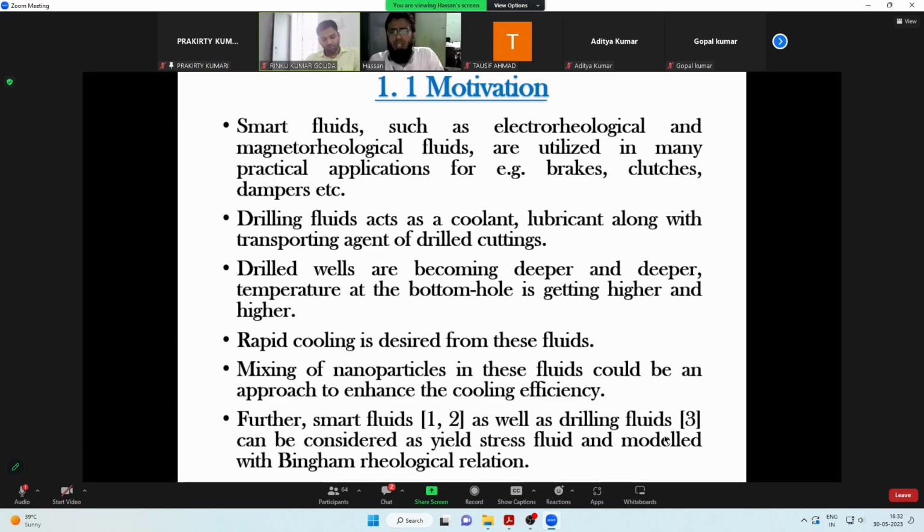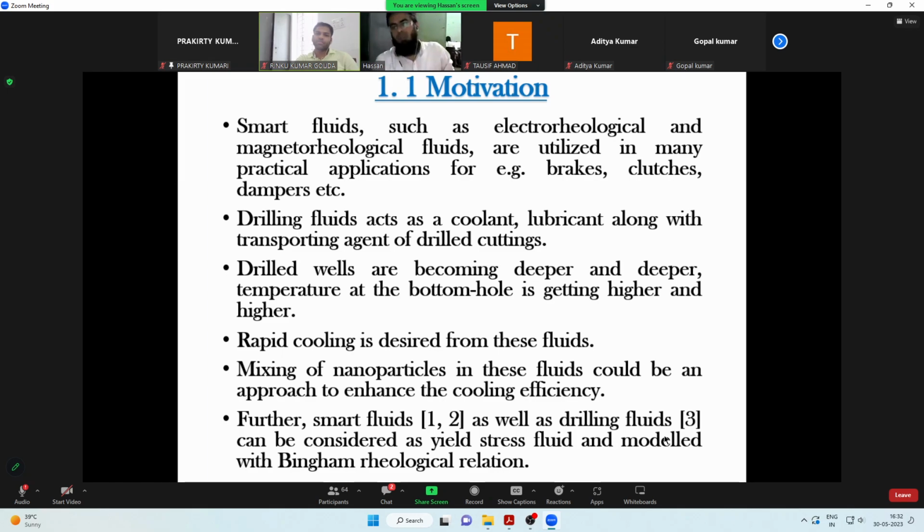And as you go deep inside the drilling wells, the temperature at the bottom hole gets higher and higher because of continuous drilling, because of continuous friction contact between the moving mechanical parts and the fluid kept over there. Okay, and many a times rapid cooling of these systems is desirable.